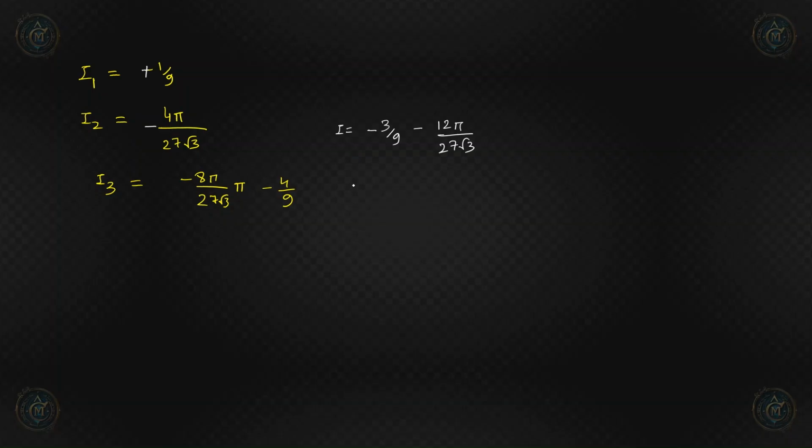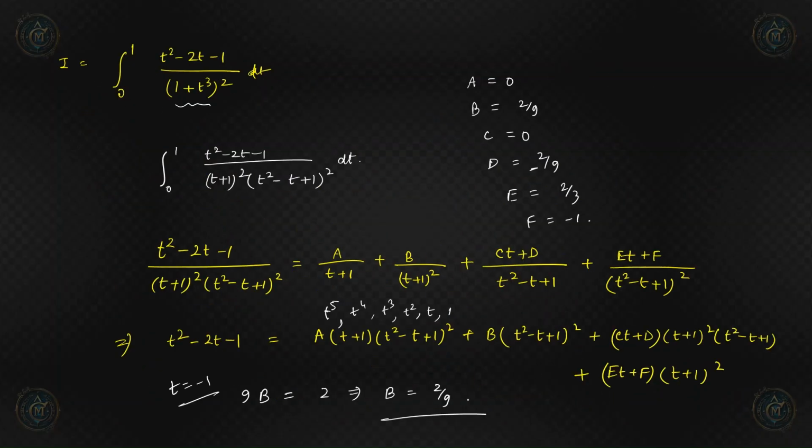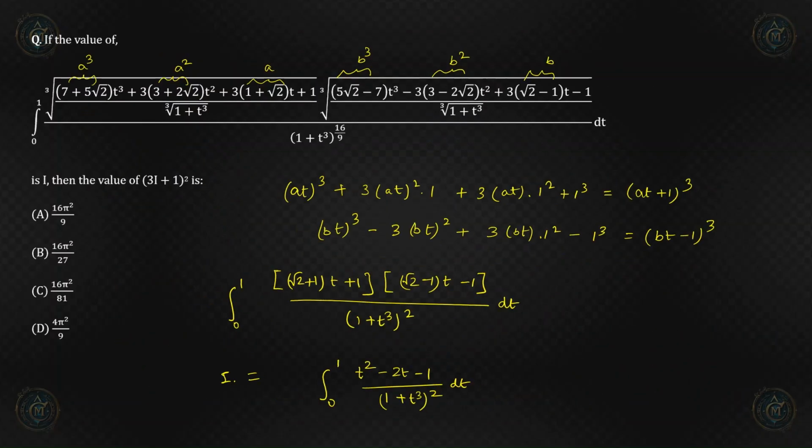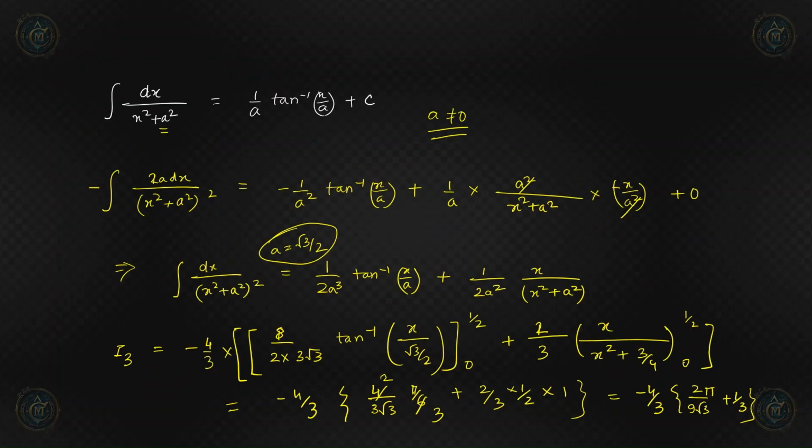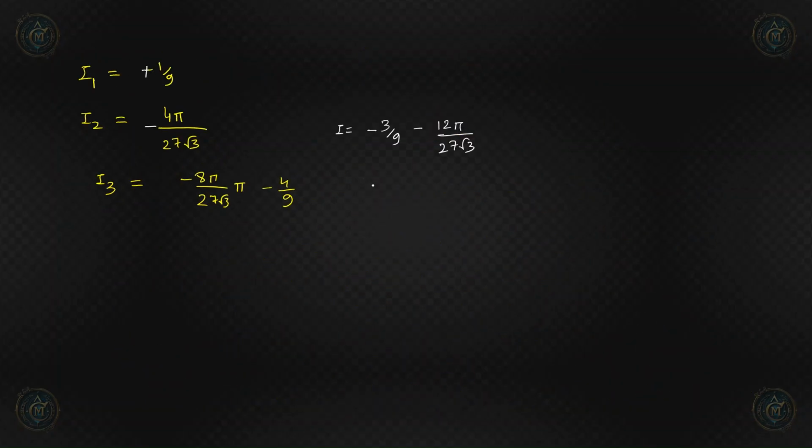So we have to calculate what? We have to calculate the value of (3I plus 1) whole square, right? So 3I plus 1, if we calculate, will be 3 times minus 1, minus 3 times 12 by 9. So we can cancel this 3 here, 4 and this 9. So minus 4 pi divided by 3 root 3, and then we also have a plus 1.